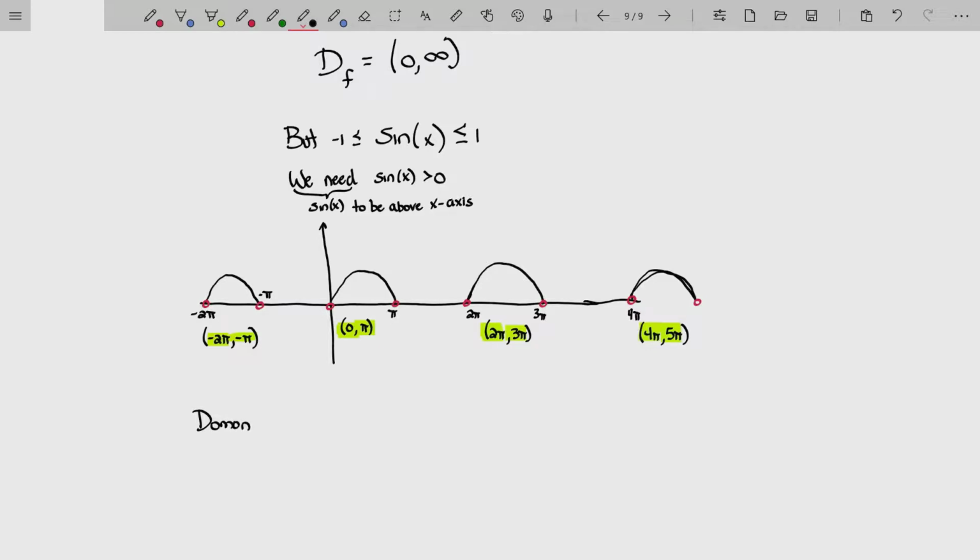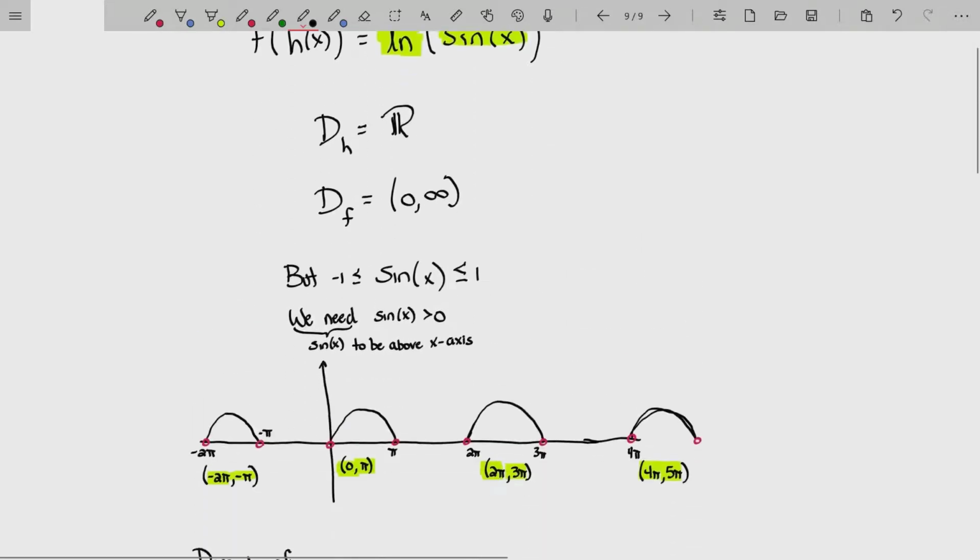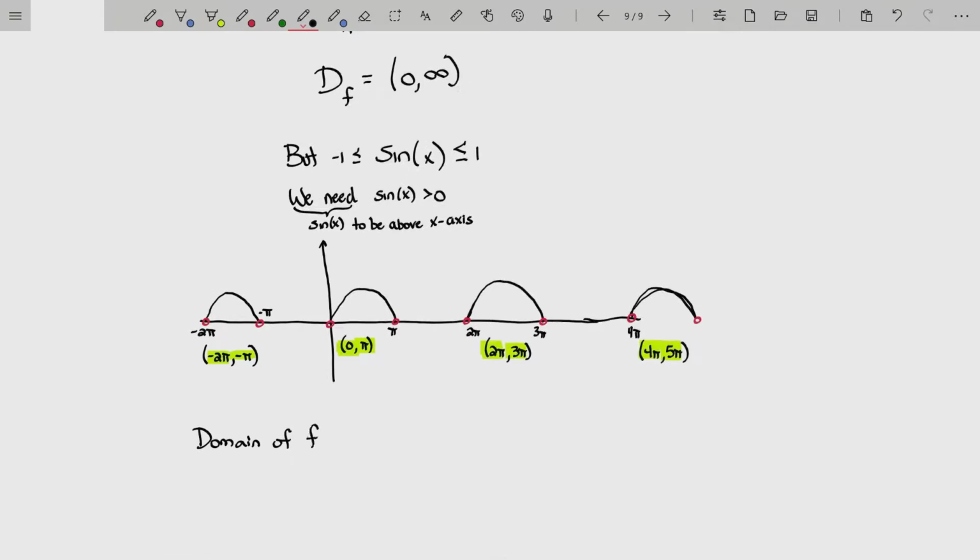Domain of, I forget the function names, f of h, is the set of all ordered pairs, I'll just say A to B, such that A is even pi and B is odd pi.